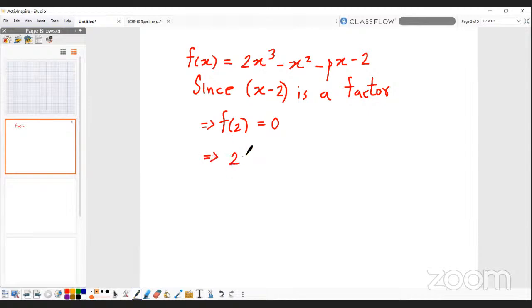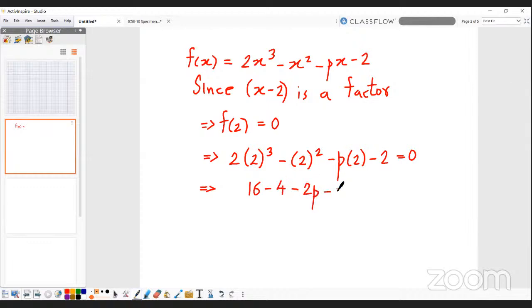So that will be 2 into 2 cube minus 2 square minus p into 2 minus 2 equal to 0. Okay. So this will become 16 minus 4 minus 2p minus 2 equal to 0, which can be written as 16 minus 4 is 12 and 12 minus 2 is 10.